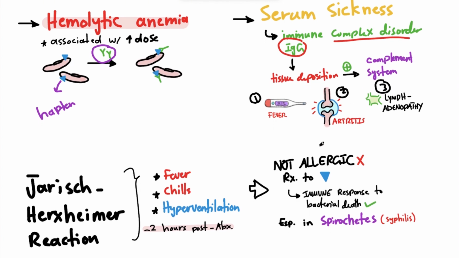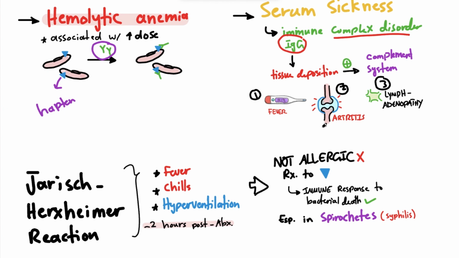Another important complication, or side effect, now, as opposed to all of the side effects that we saw previously, here we have the Jarisch-Herxheimer reaction. Here, the patient 2 hours post-antibiotic would develop fever, chills, and hyperventilation.